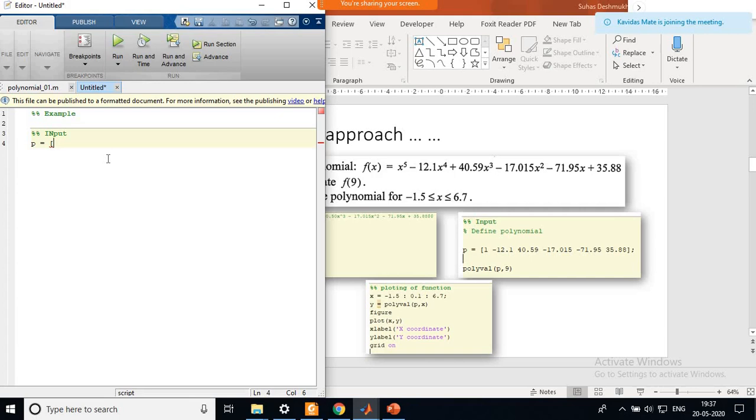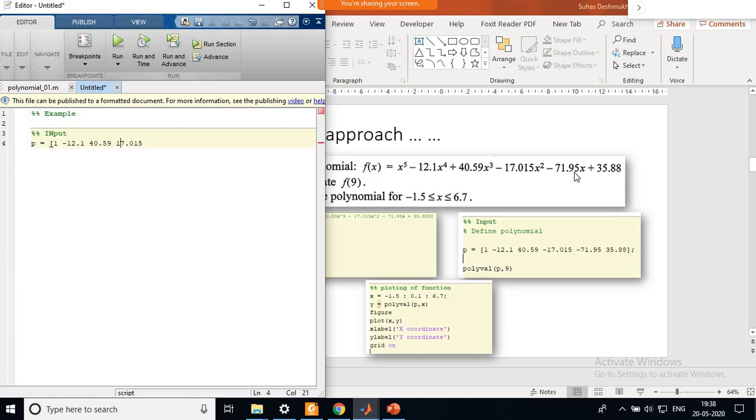The highest order term is x raised to 5. What is the coefficient for this? 1. Then x raised to 4, what is the coefficient? 12.1. Then x raised to 3, 40.59. Then x raised to 2, 17.015. Then it is a minus.